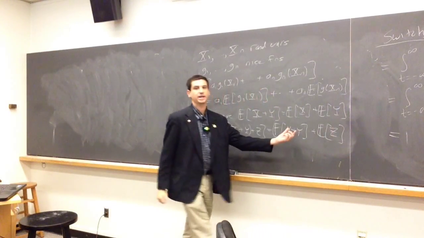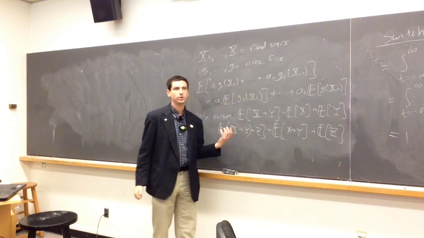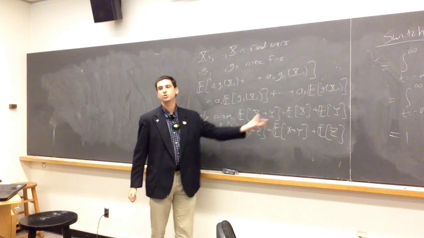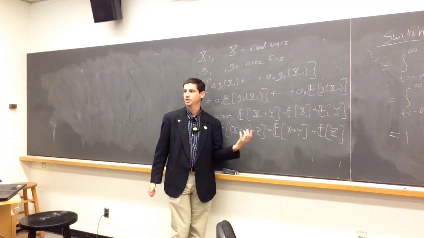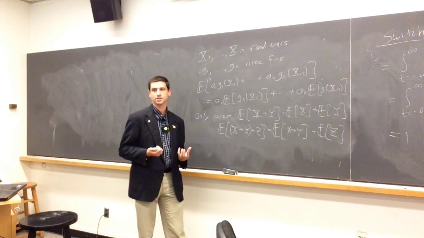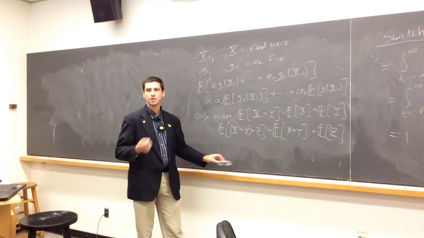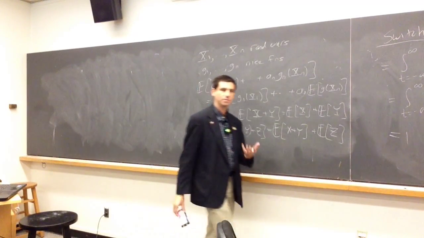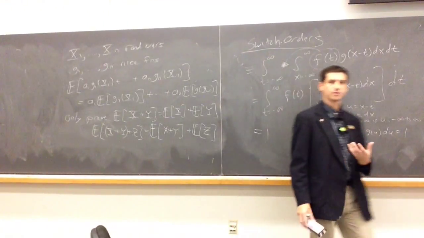And then we could expand that out. So at least in the case when I don't have any g's, I can do any sum if I can just do 2. This is very similar to what you've seen in calculus. If you can prove the derivative of a sum is the sum of the derivatives, you have it for the sum of 3 functions, or 4 functions, or 5 functions.